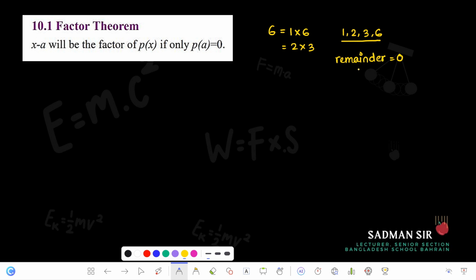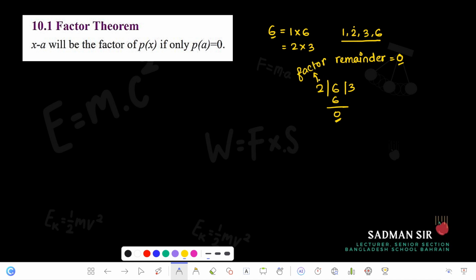So whenever we divide a number by another number and we get a remainder 0, then we can say that this is a factor of the number which is divided, correct? For example, if we divide 6 by 2, 2 3s are 6, the remainder here is 0. So as we got 0, we can say it is a factor.